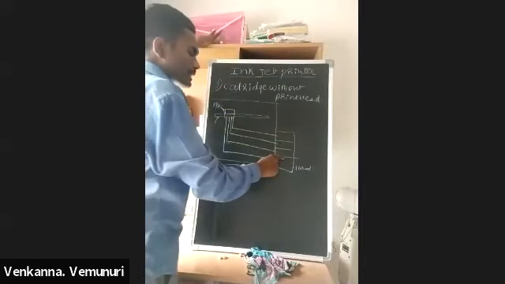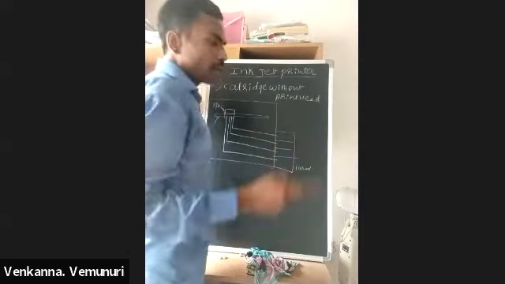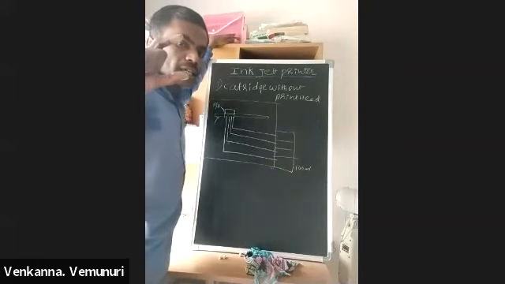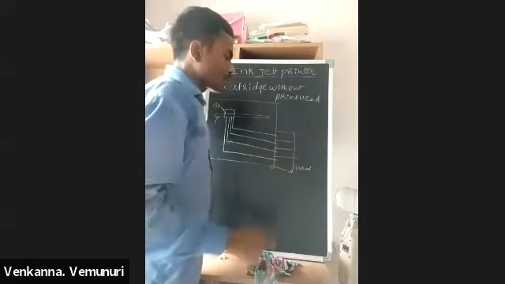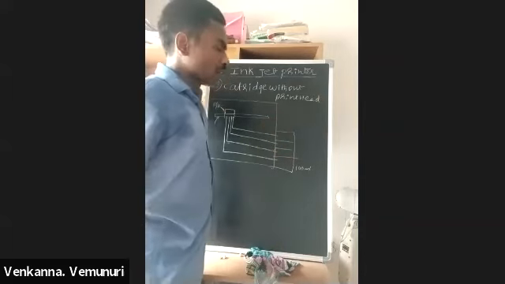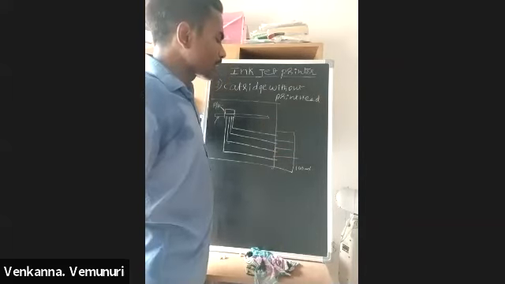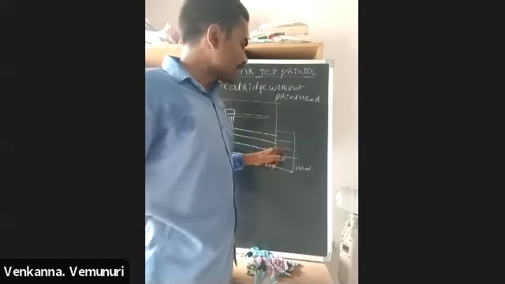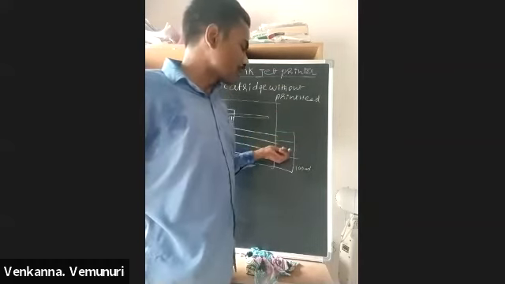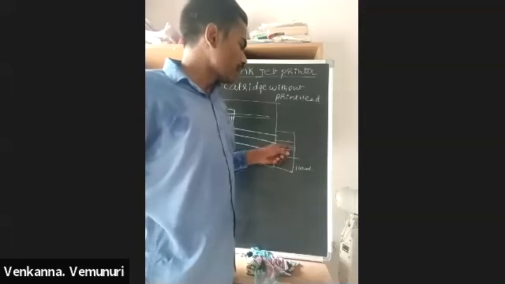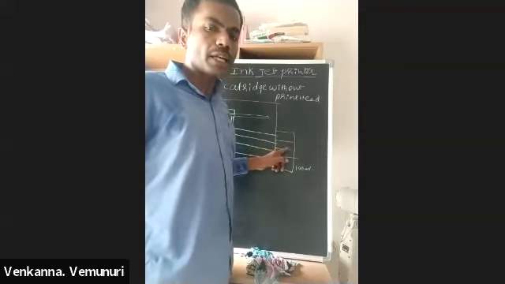Here each ink tank is 100 ml, but previously in cartridges each color capacity was 3 ml or 5 ml, so it gives more printouts. Another advantage is that if any ink tank level is low, the user directly removes the tank cap and fills the ink. That is the main advantage.